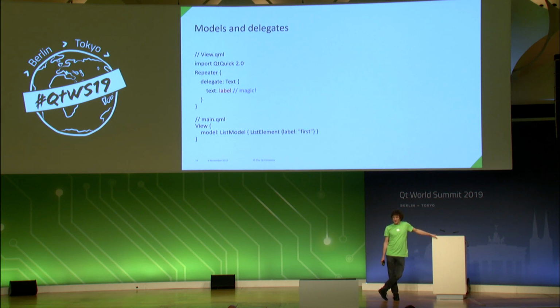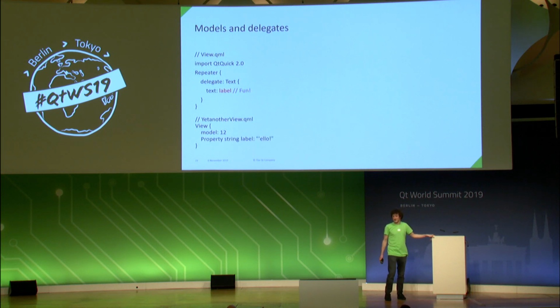However, nothing really declares that your delegate actually needs a property called label. So you might instantiate this view with some other model, like just 12. And you will never know that this doesn't work until you try.